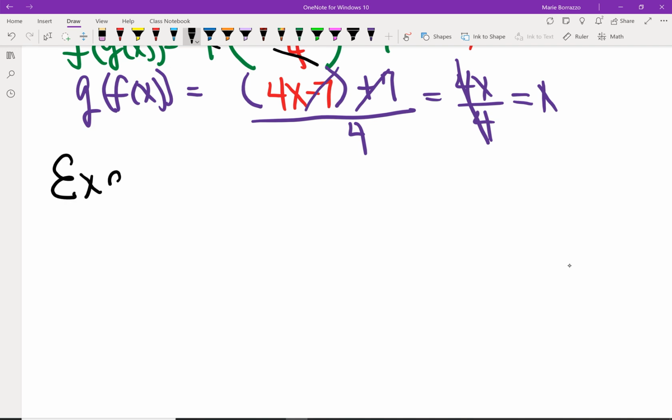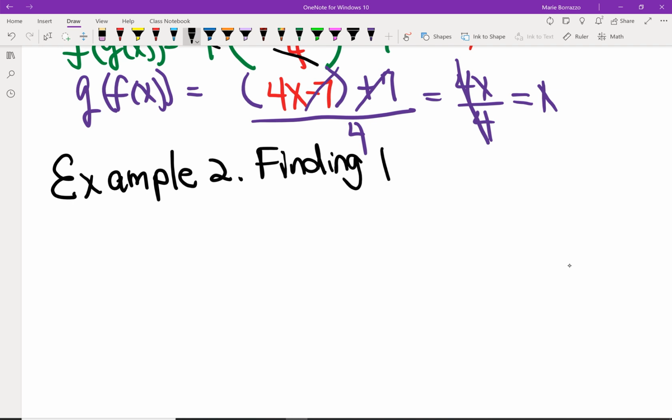So here's example 2. And once again, our question is finding the inverse of a function.